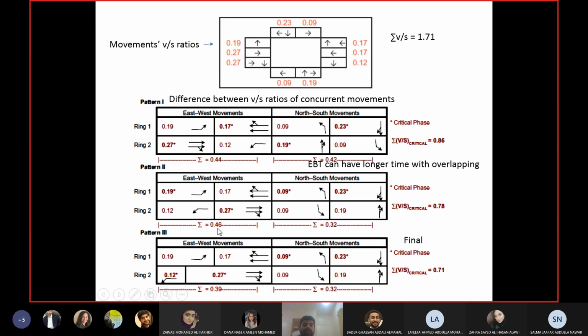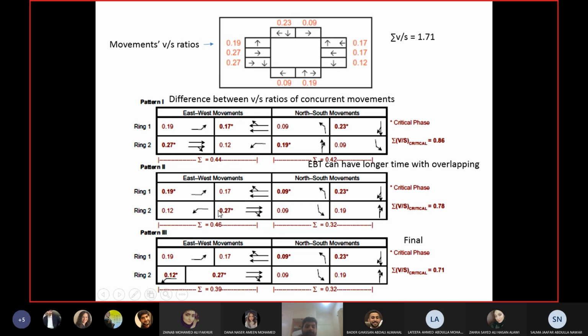Now here you can see this 0.27 is longer than all the movements happening here. Now if I can overlap this 0.27 into this phase as well, then this movement will have more time.